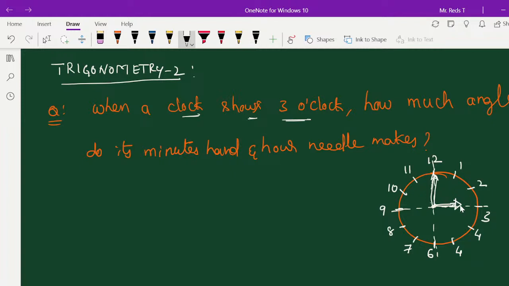This is how the minute hand and hour hand look when the clock is showing 3 o'clock.